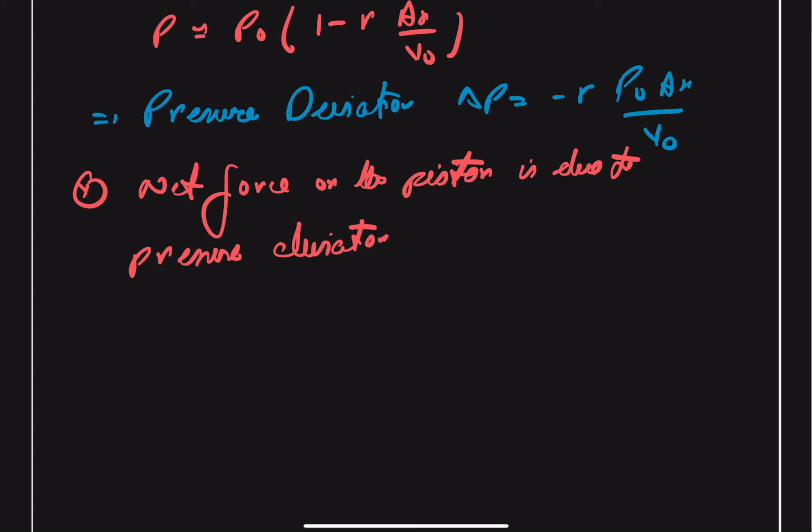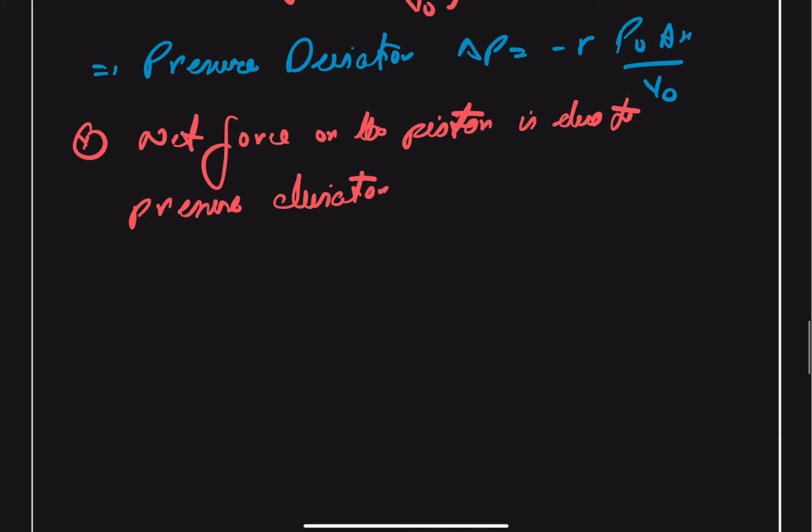And this net force, if represented as F, can be written as delta P multiplied by A. We substitute the value of delta P, we get this as minus gamma P naught A square x upon V naught.